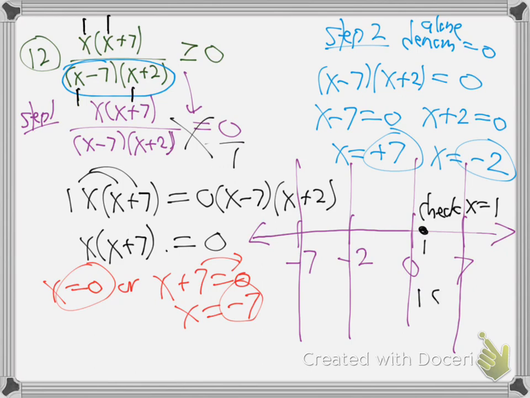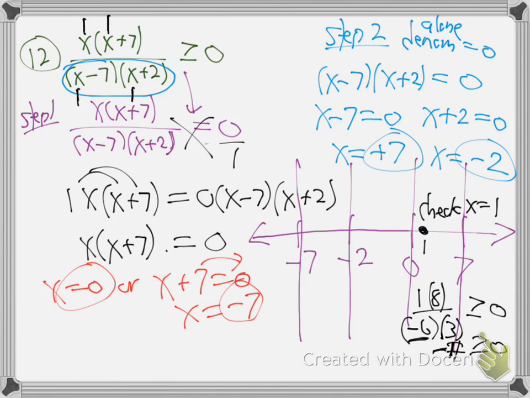What do you get? 1 times 8 over minus 6 times 3. Is that greater than or equal to 0? That's a negative number. All I've got to see is there's 1. If there were 2 negatives, it'd be positive. There's 1 negative. It's some kind of negative number. Is that greater than or equal to 0?